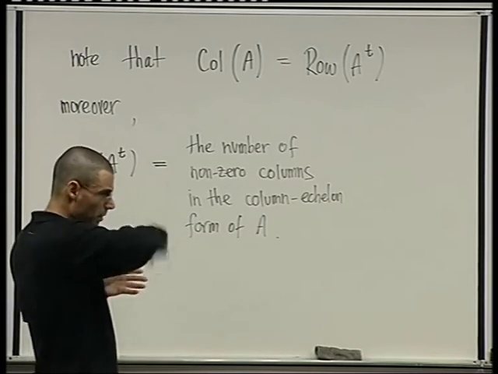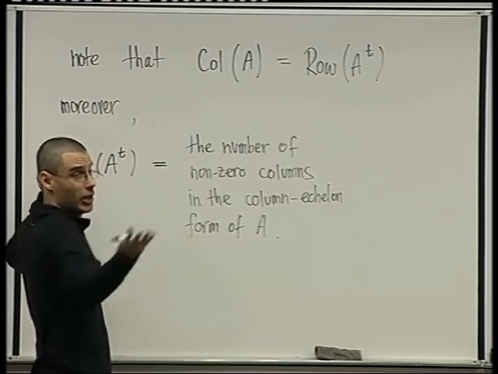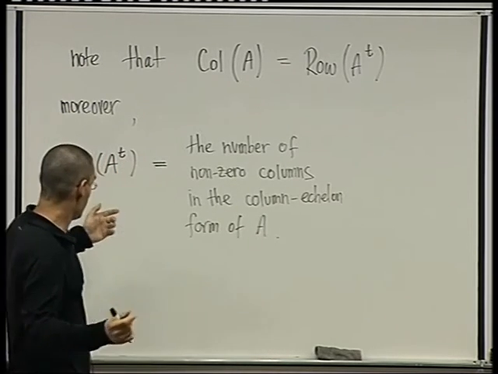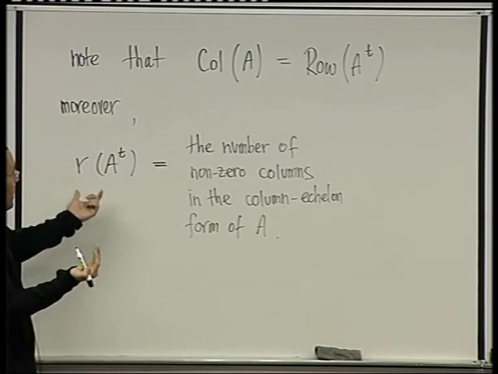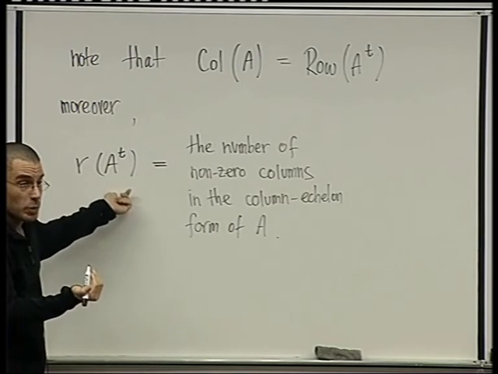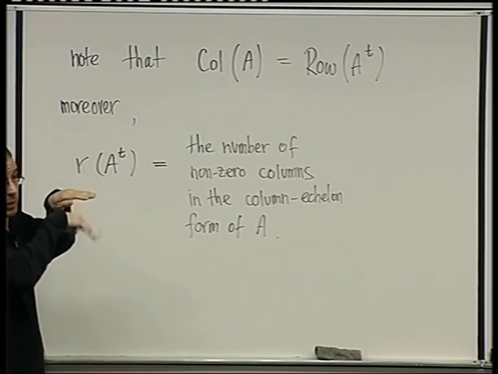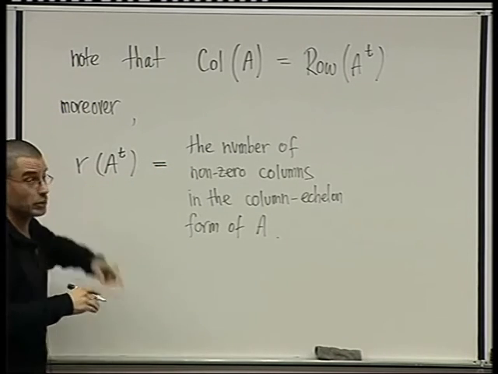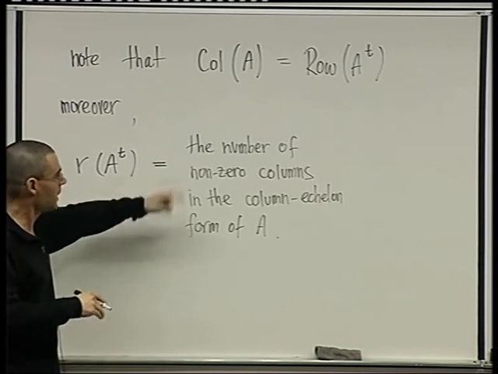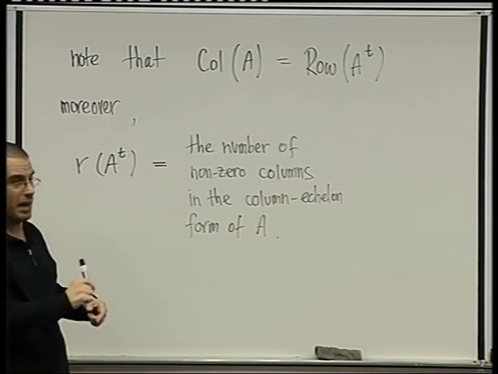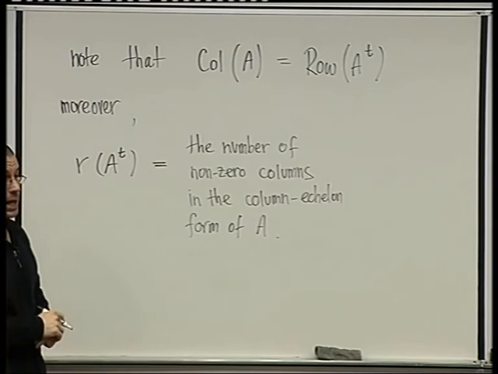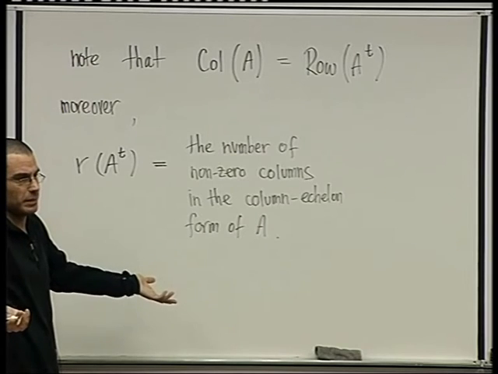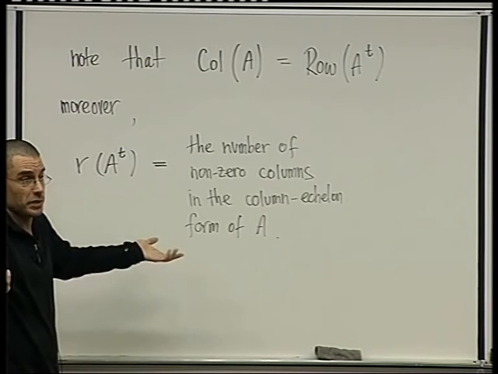Okay, it could have 3 rows and 18,000 columns. So a priori, the rank of A, which is counting how many non-zero rows you have in the echelon form, and the rank of A transpose, which is counting how many non-zero columns you have in the column echelon form, a priori they should be completely different numbers.